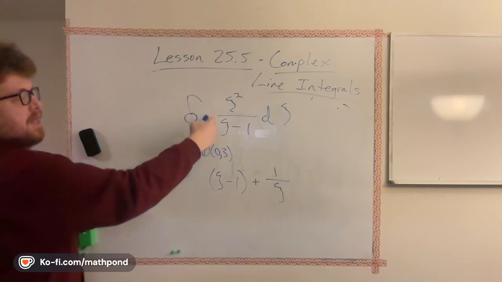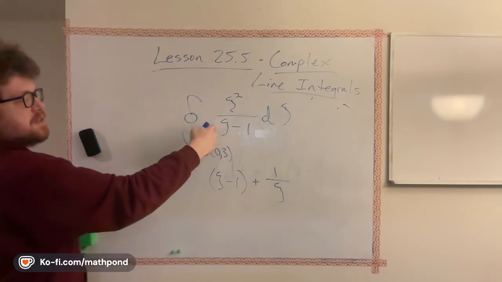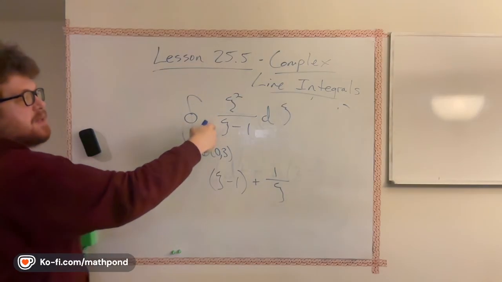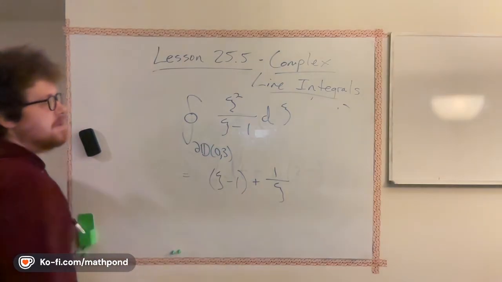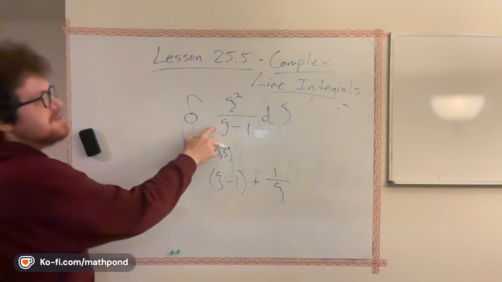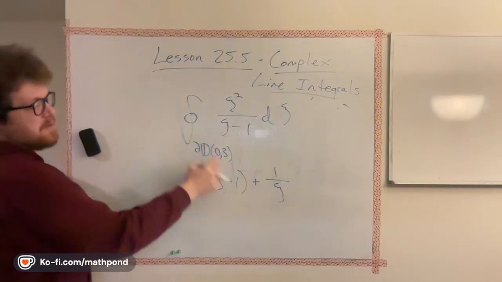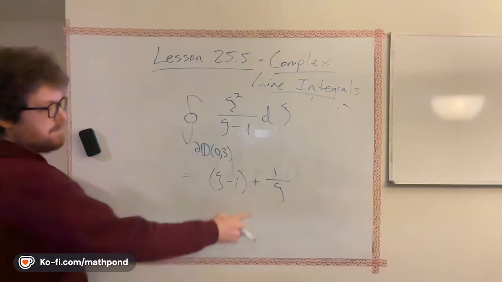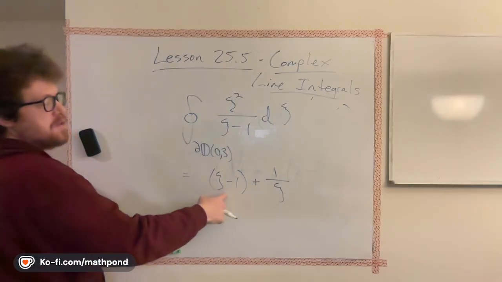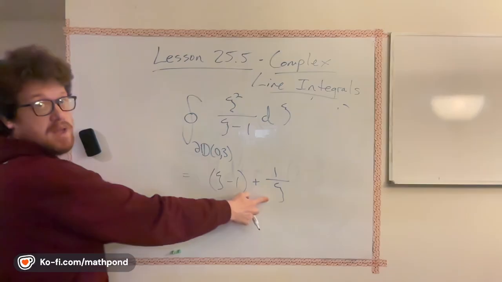This was this times itself, but then you have a remainder of 1. So when you do the division, you get this remainder of 1 over zeta here.